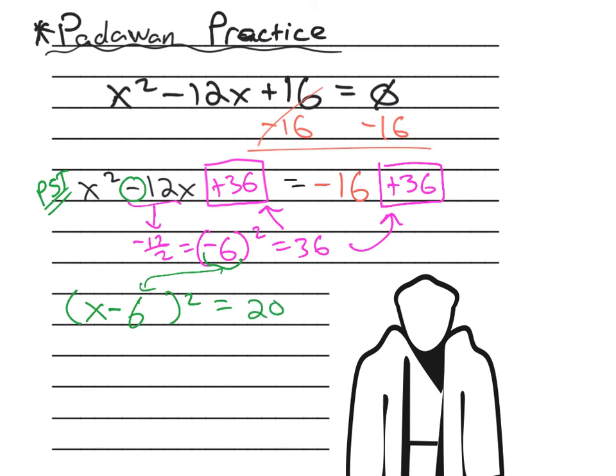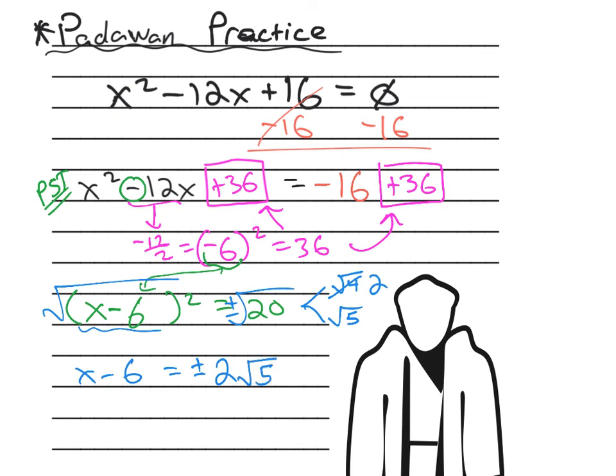I'm going to take the square root of both sides, and that breaks out the x minus 6, and it equals, now this is a positive or negative root 20 that we could simplify with the square root of 4 and 5. Root 4 becomes 2 on the outside, so we'd have plus or minus 2 root 5.